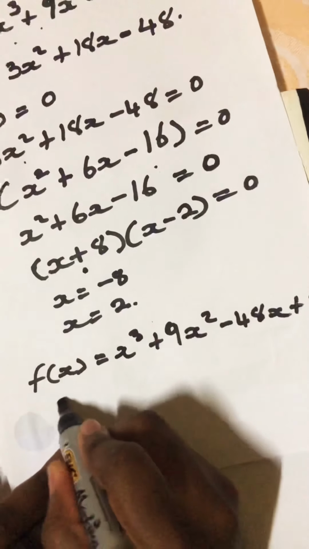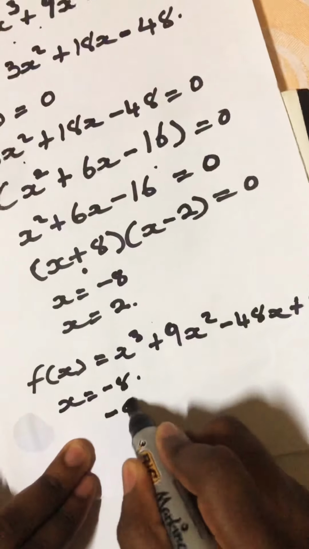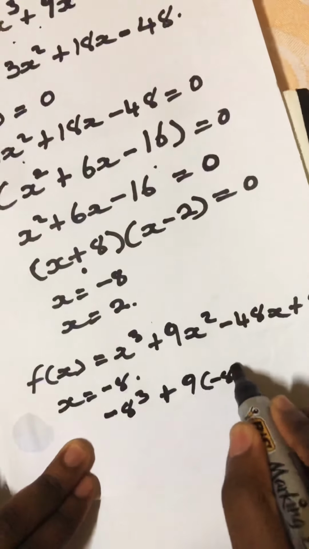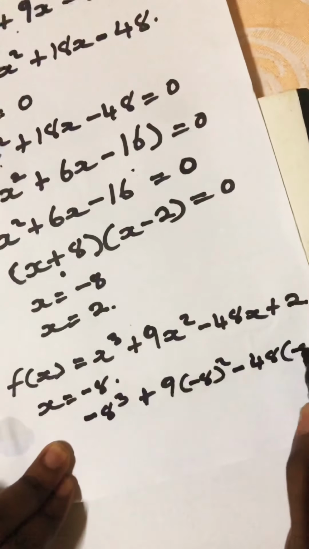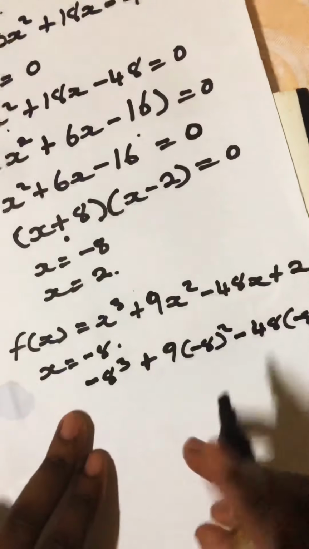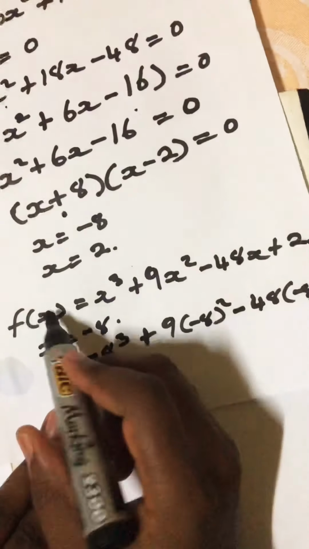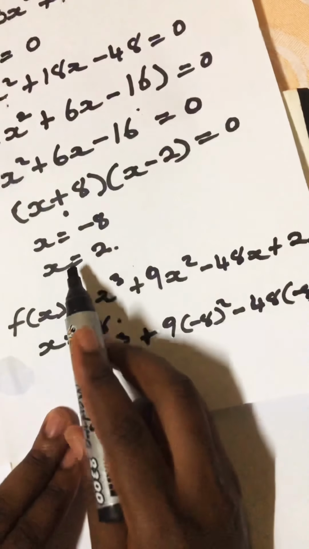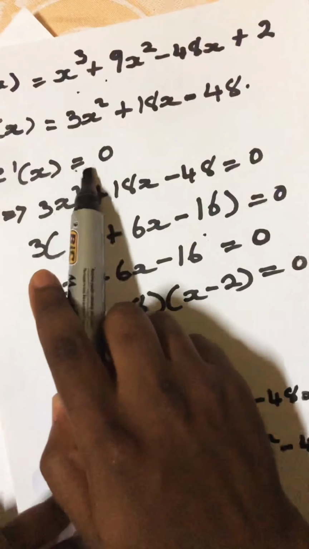So substituting x to be negative 8, we have negative 8 cubed plus 9 times negative 8 squared minus 48 times negative 8 plus 2. And then we open and we do the same for x equals 2. We substitute into this and we'll now get our values for y at which the gradient is 0.